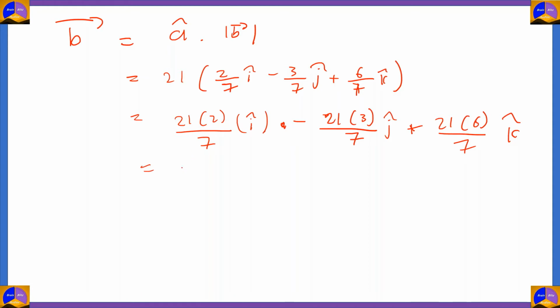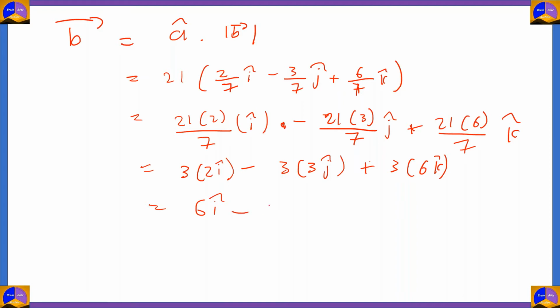So 21 by 7 would be 3. So 3 times 2i minus 3 times 3j plus 3 times 6k.